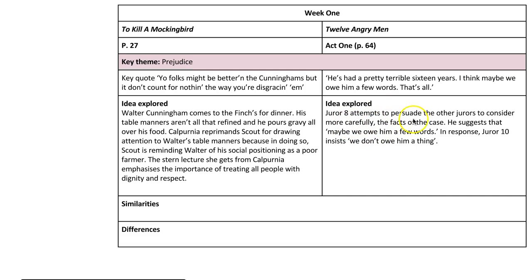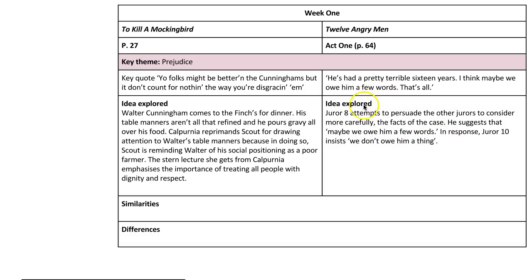Then we've got 12 Angry Men, so we need to expand on this idea here. Juror 8 attempts to persuade the other jurors to consider more carefully the facts of the case. He suggests that maybe we owe him a few words in response to Juror 10. In response, Juror 10 insists we don't owe him a thing. I would be extending this to match, and I would be saying, why do we owe him a few words?